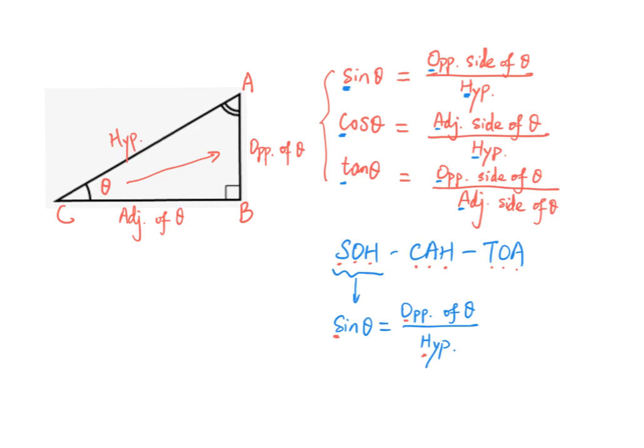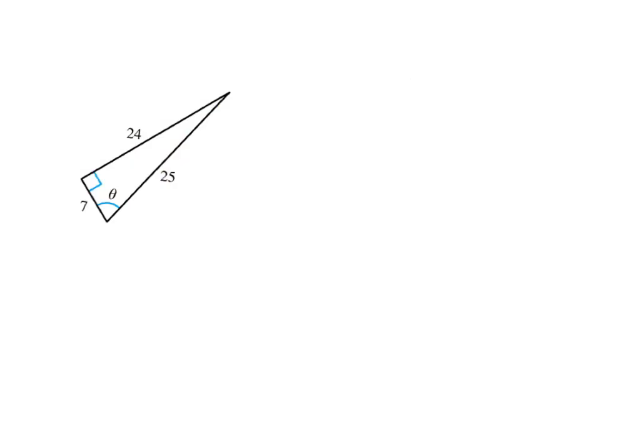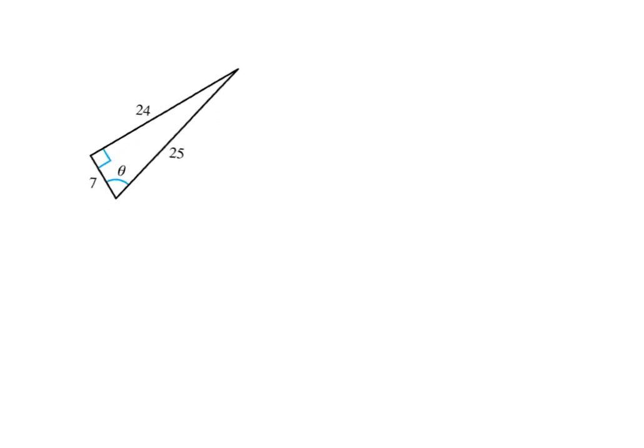Now let's take an example to talk about these three definitions. In this diagram, you are provided with the lengths of three sides: side 7, side 24, side 25. And also you have theta. Once you have theta and the right angle, please identify the opposite side of theta.